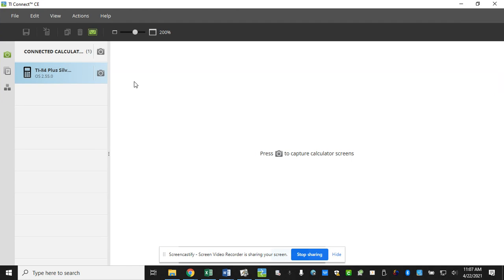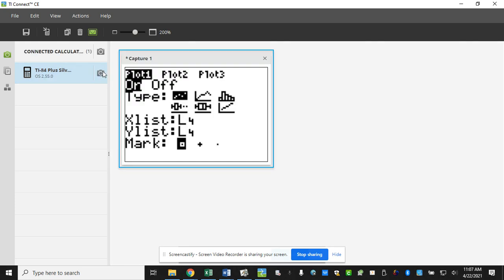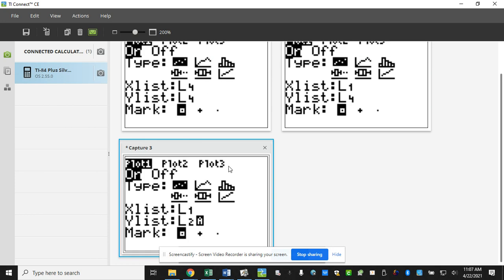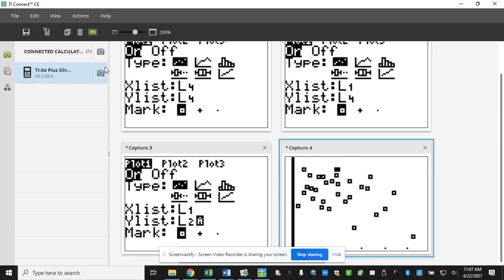Theoretically, that's where you would start. So we're going to second stat plot. We're going to list 1 versus list 2. Probably have to hit zoom 9. And it should look something like this.